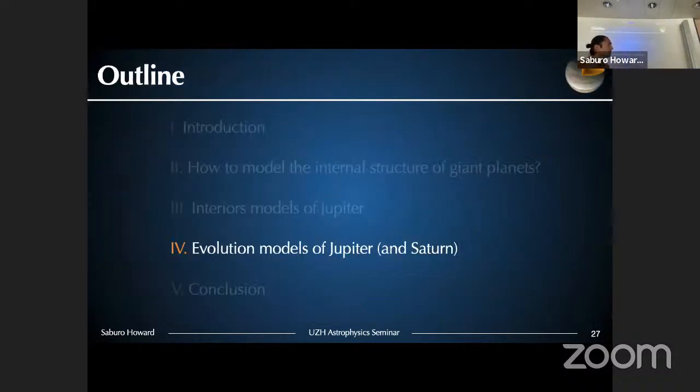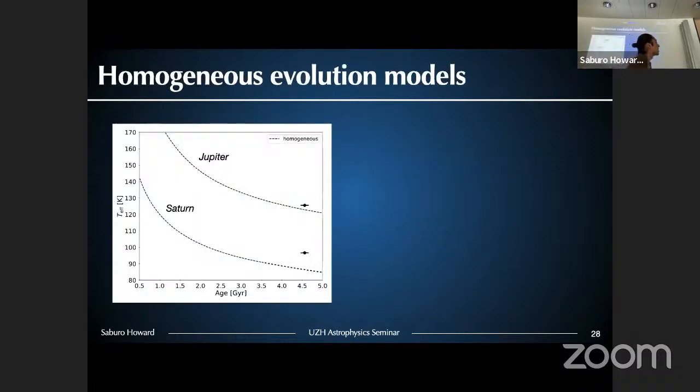And so finally, I'd like to switch to evolution models of Jupiter and Saturn. And this is the work I've started to do since I arrived here in November. I'll begin by showing you this figure, which illustrates the context of those evolution models for Jupiter and Saturn.